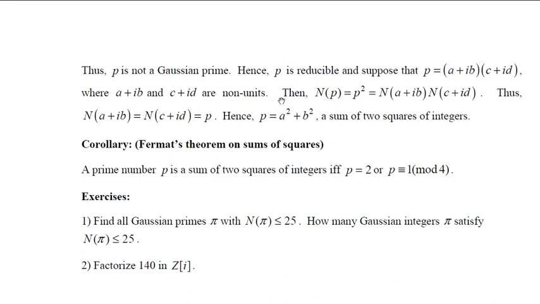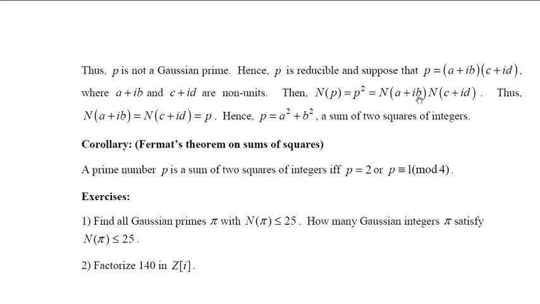And further, you should note that n of P is nothing but P square. So n of P will be equal to n of A plus iB into n of C plus iD. So n of A plus iB into n of C plus iD is equal to P square, which implies n of A plus iB must be P, and n of C plus iD must also be P, so that their product will be equal to P square.